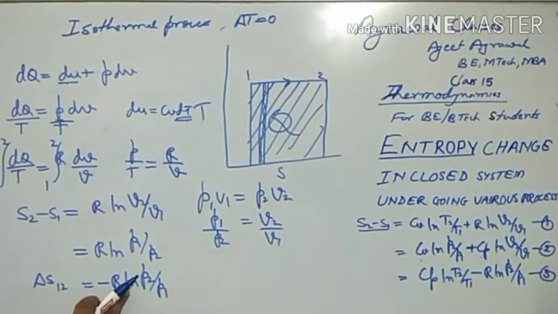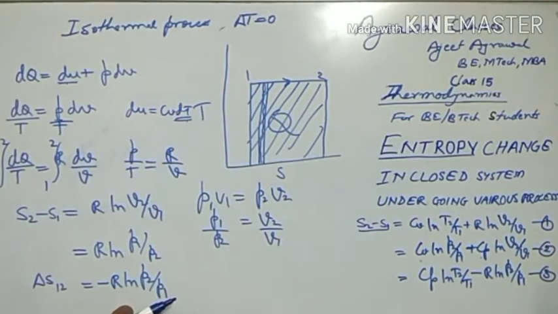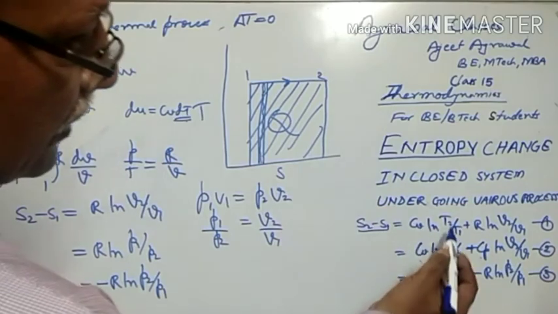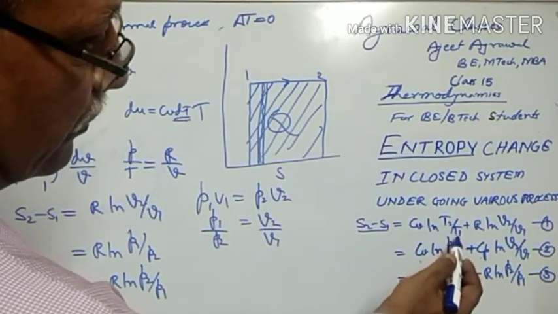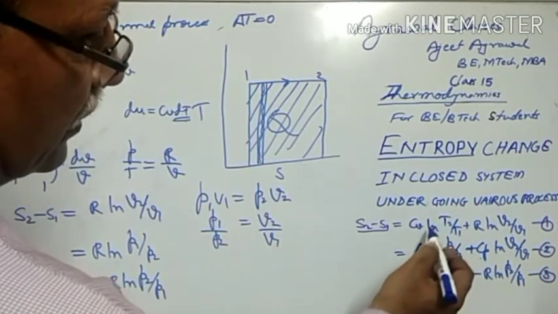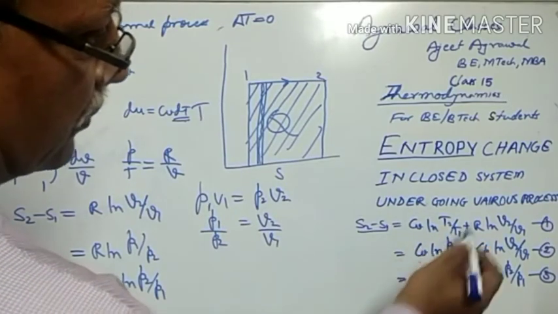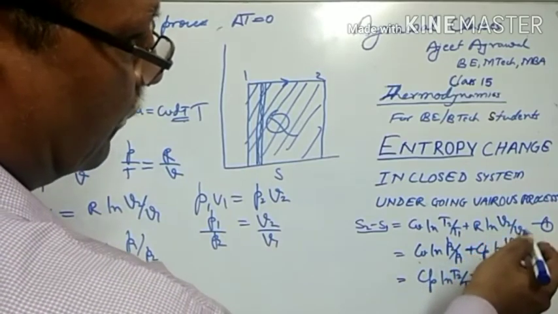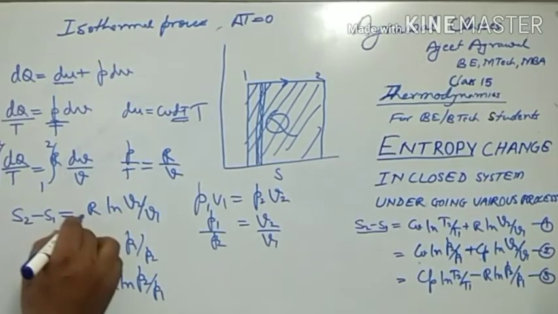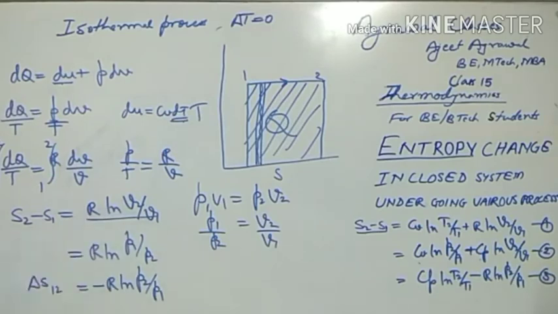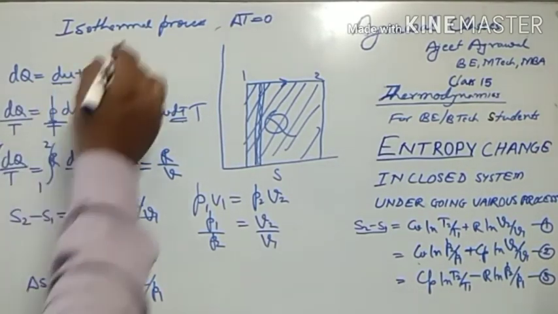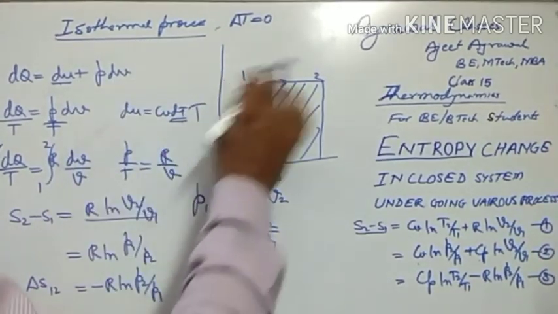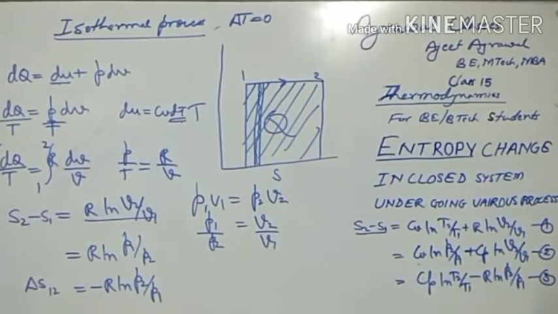And if you substitute here T2 equal to T1, then this becomes 1 and log of 1 is 0. So this term becomes 0. The change in entropy will be given as R log of V2 by V1. So that way we can find the change in entropy during the isothermal process when the heat is added, or the process is an expansion process.